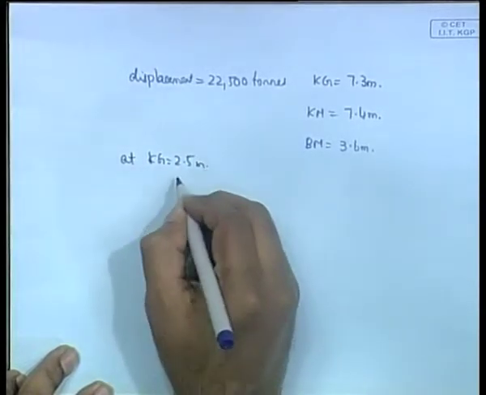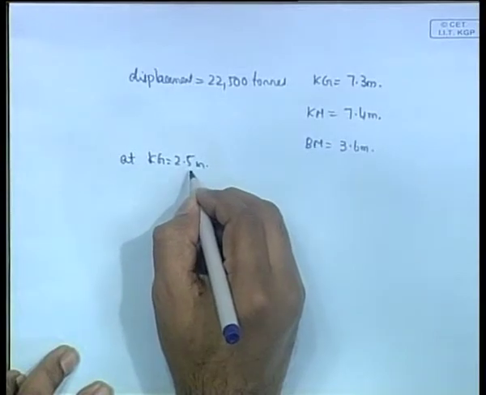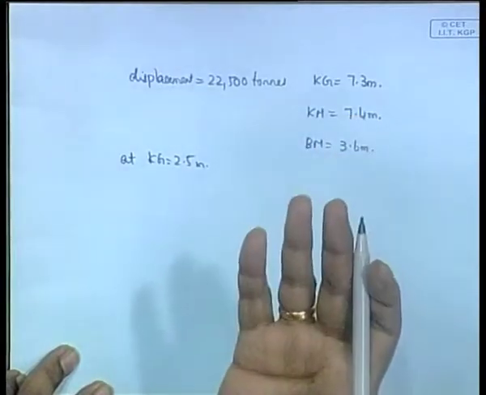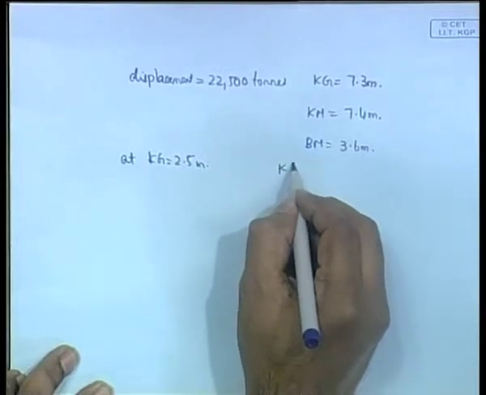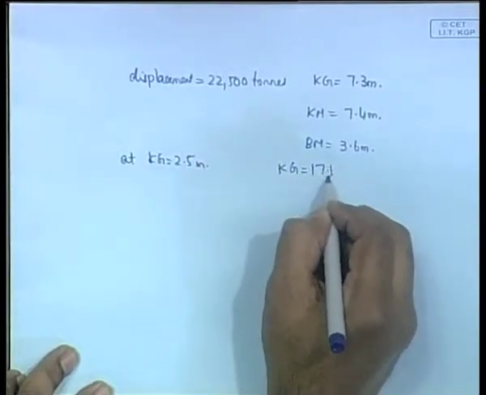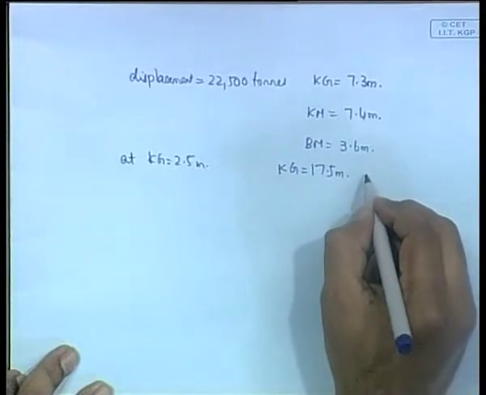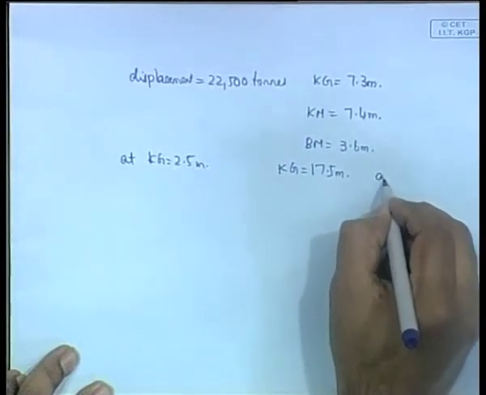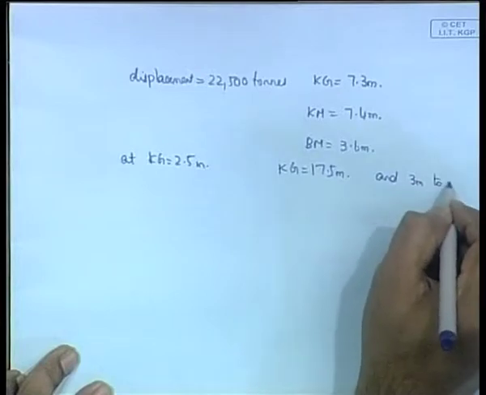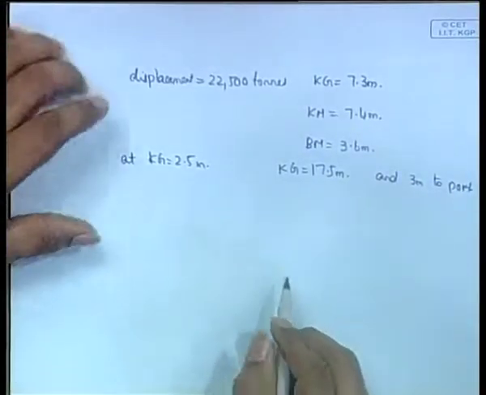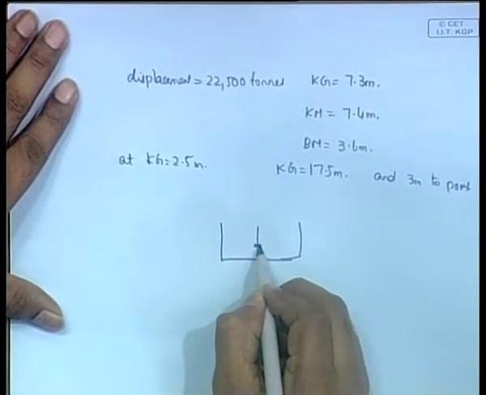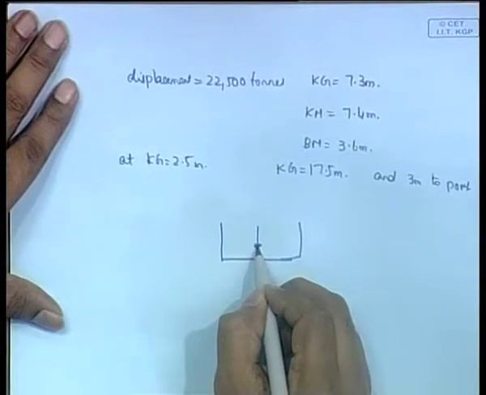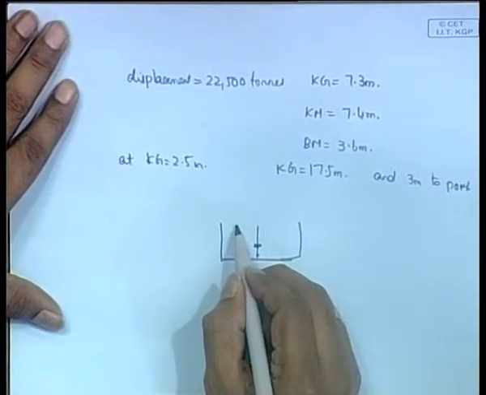So, from a height of KG of 2.5 meter along the center line, a lift is lifting a weight to a height of KG equals 17.5 meter and 3 meter to the port. What the problem says is that like this, let us say that this is the center line, from here something from the center line is lifted and it is lifted to the port. Okay.